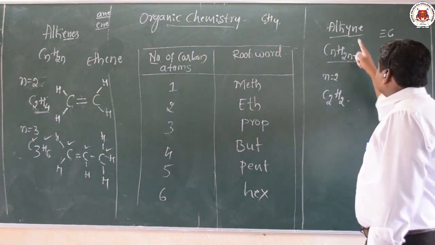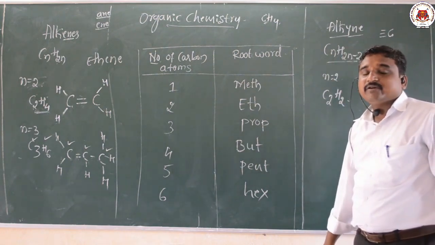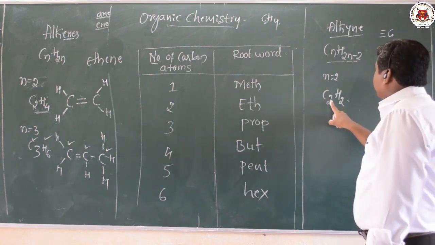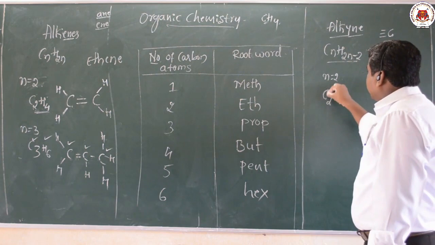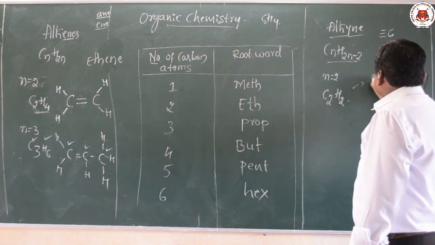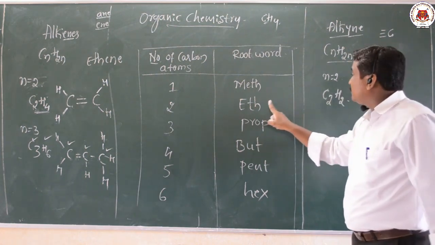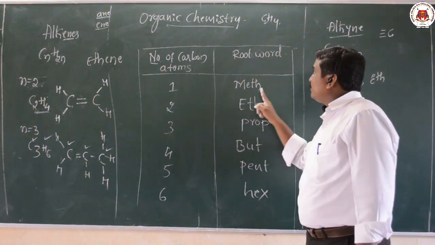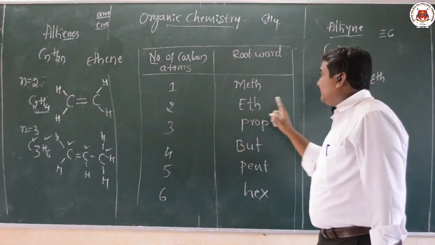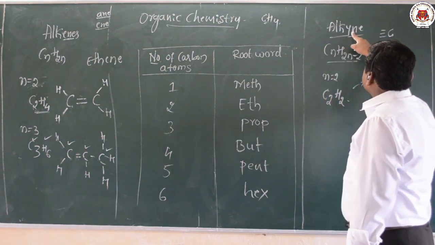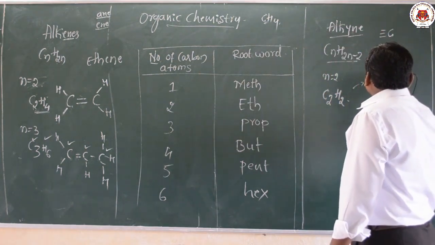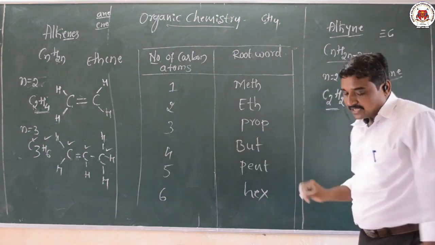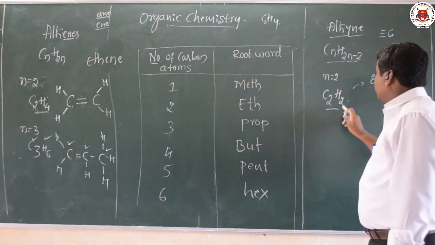So alkyne indicates a compound containing a triple bond. The number of carbon atoms is 2, that indicates the root word, that is eth. As I told, if the compound contains 2 carbon atoms, you have to write the root word eth, and this is an "yne", so ethyne. Ethyne, the molecular formula is C2H2.